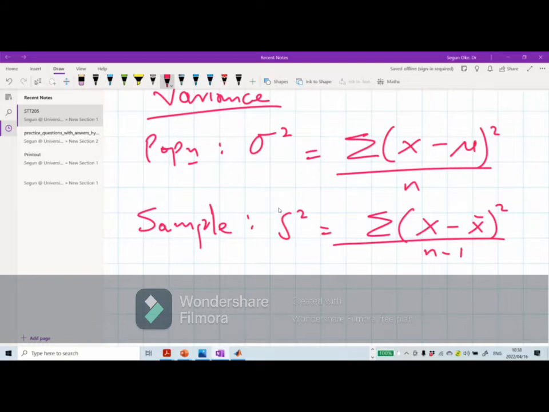So I can quickly give us the definition of all this by saying where sigma is equal to standard deviation for population, and x, we can put x sub i, let's just put i.